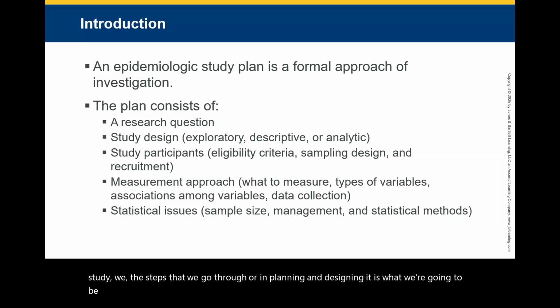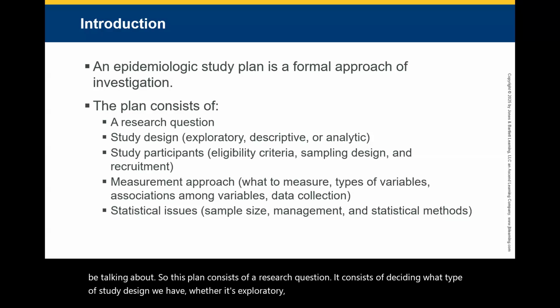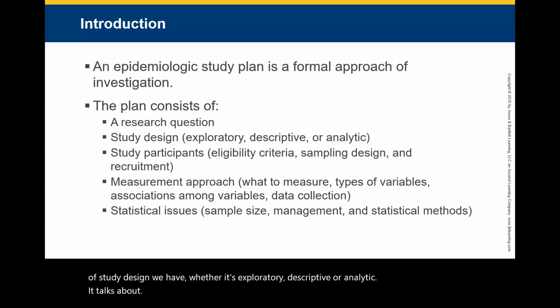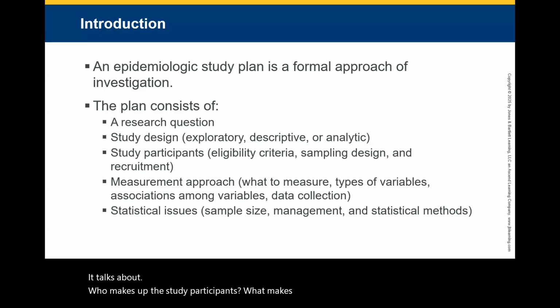So this plan consists of a research question. It consists of deciding what type of study design we have, whether it's exploratory, descriptive, or analytic. It talks about who makes up the study participants, what makes a person eligible or not eligible for our study, and how are we going to get these participants?